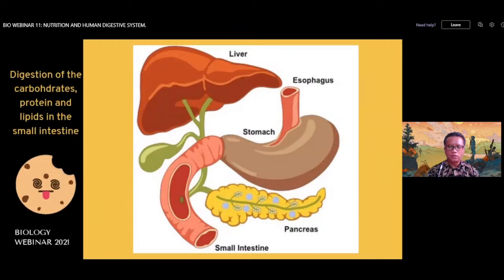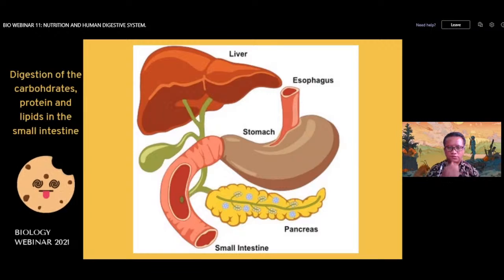At the mouth, the starch has been digested into disaccharide, which is maltose. The protein has also been digested, now in the form of polypeptide. So only the lipid is still surviving, not yet digested.